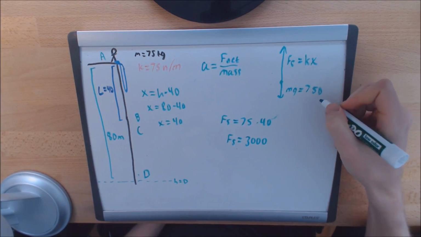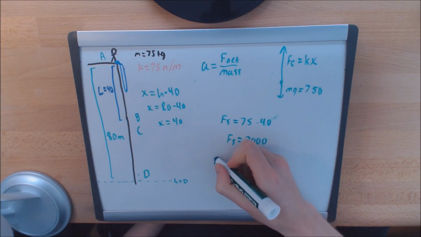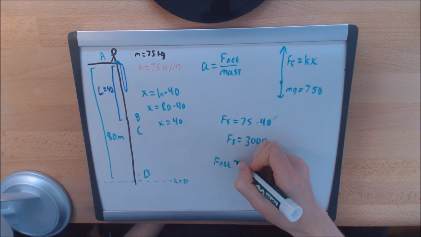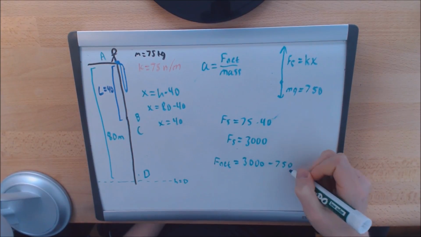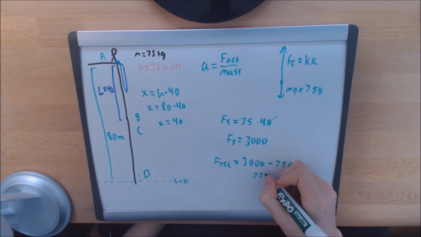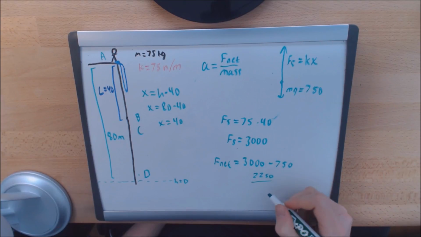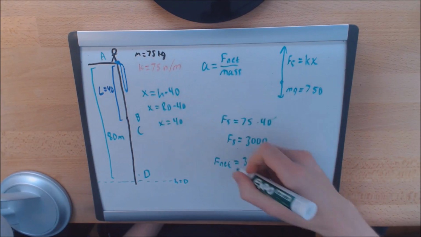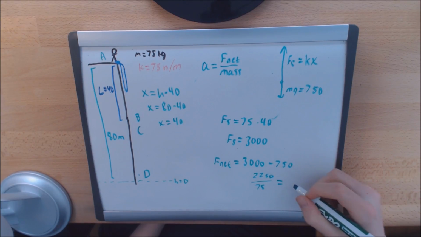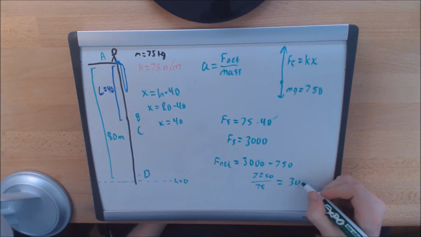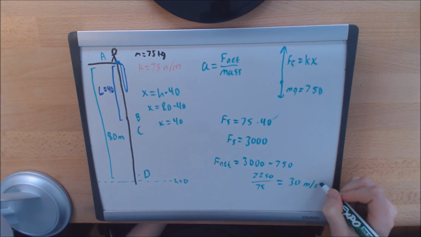And we also have a 750 component down, so net force is going to equal 3,000 minus 750, which gives us 2250. And that number over our mass of 75 kgs, that's going to equal 30 meters per second squared.